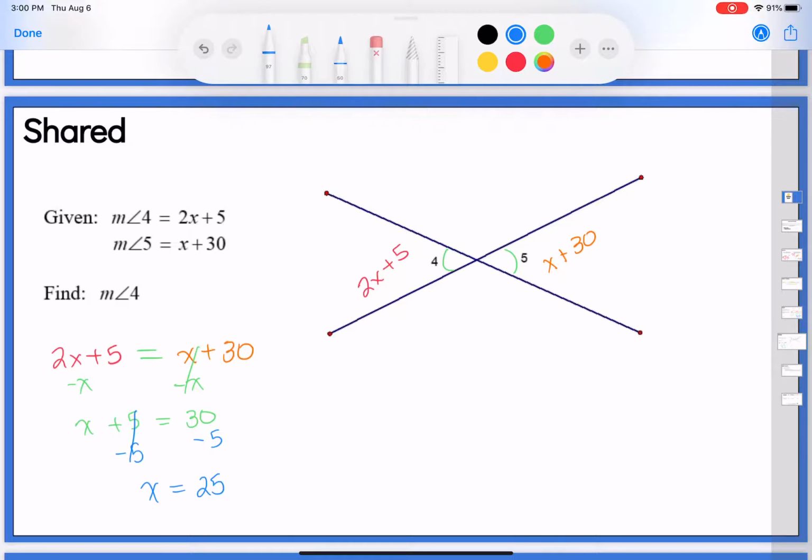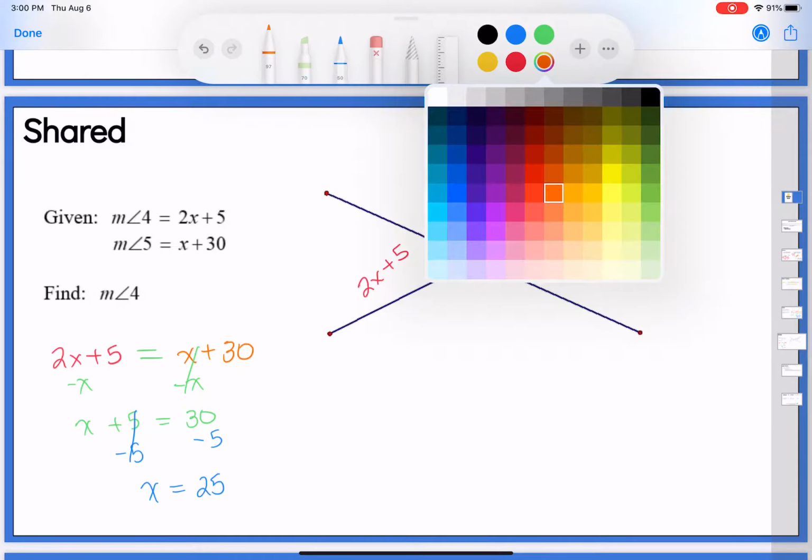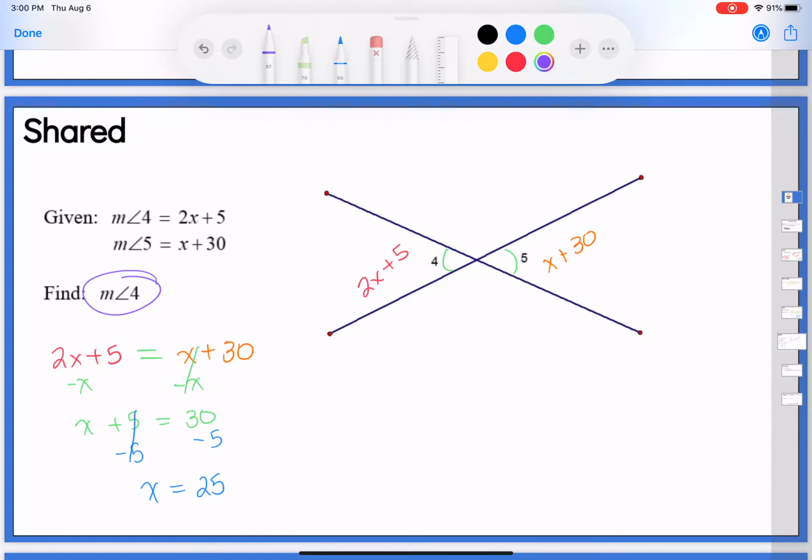All right. Now, am I finished when I say x equals 25? No, I am not finished when I say that because it asked me to find the measure of angle 4. So angle 4 is 2 times 25 plus 5. So angle 4 is 50 plus 5.